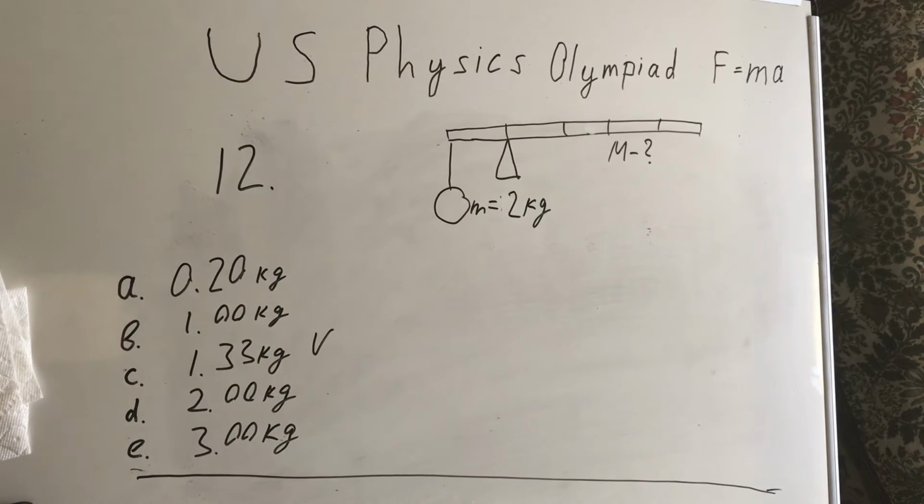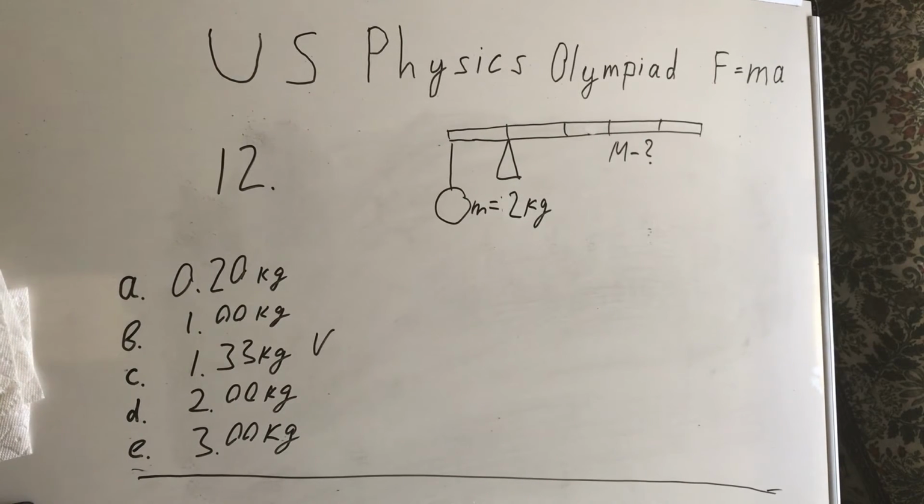Problem number 12. A 2 kilogram rock is suspended by a massless string from one end of a uniform 1 meter measuring stick. What is the mass of the measuring stick if it is balanced by a support force at the 0.2 meter mark? To solve this problem, we need to write the equation for static equilibrium.